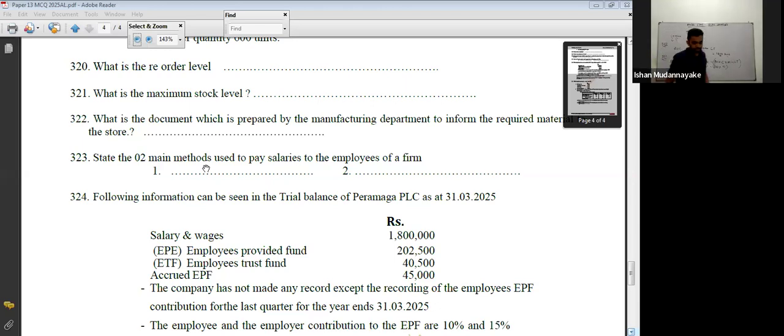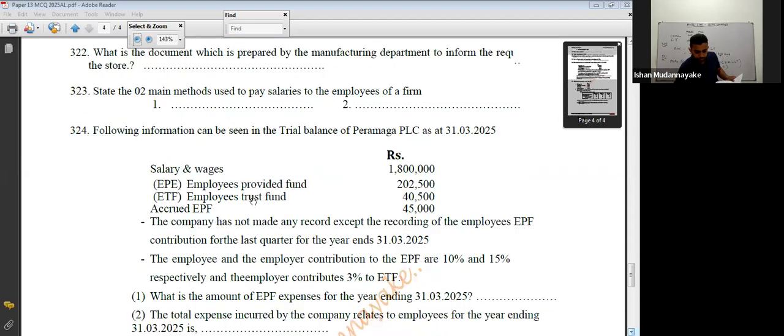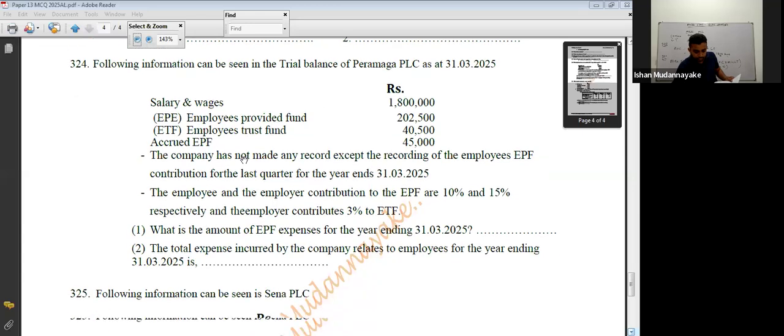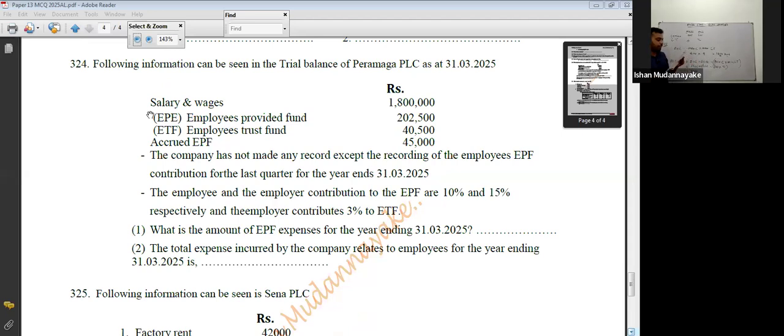Okay then? Clear? Question number 324. The following information can be seen in the records of Panorama PLC as of 31st March 2025.